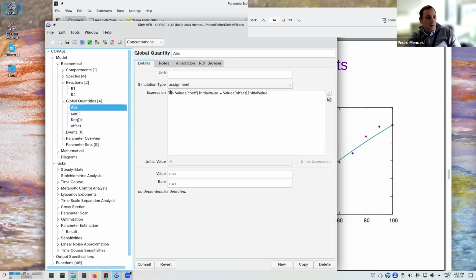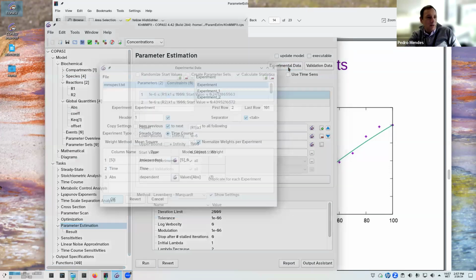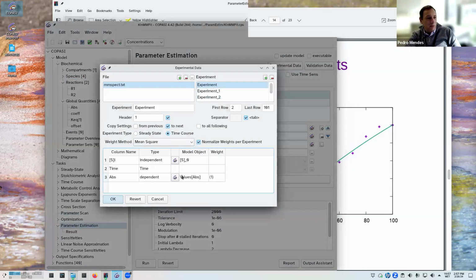So we're going to try and fit this function here, absorbance. In my experimental data, this line is the absorbance. Essentially, it's something proportional to the concentration of P. So by changing the parameter values, we still are changing P. But the one thing that's different in this case is that we have an extra thing, which is this initial concentration of the substrate, which is an independent item.